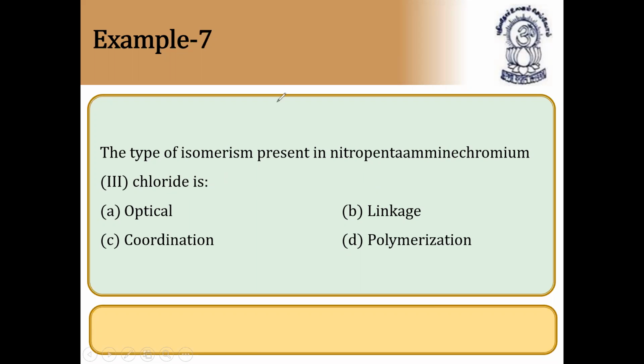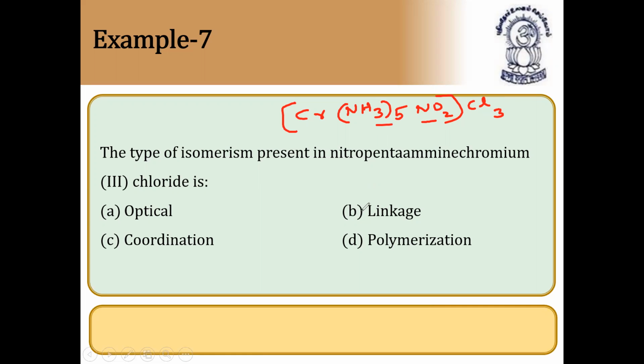So first we'll write the formula of this compound: Cr, pentamine is NH3 taken 5 times, and nitro means NO2, and chloride. Since these two are neutral ligands, definitely this should be Cl3.